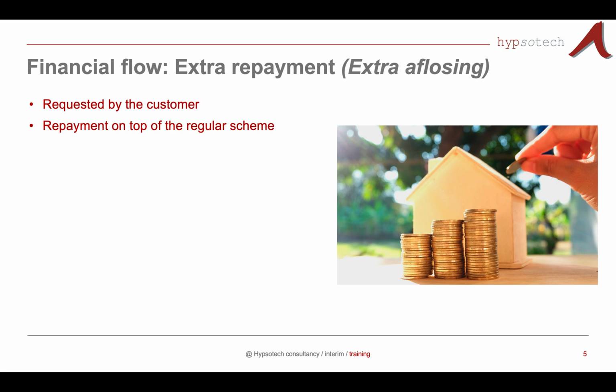Maybe, and we see it especially at the end of the year, consumers make up their balance and decide to use some saving money to pay off a mortgage. In the old days, that was quite an issue because you needed good references to the loan number and to the consumer. So that could cause a lot of work.